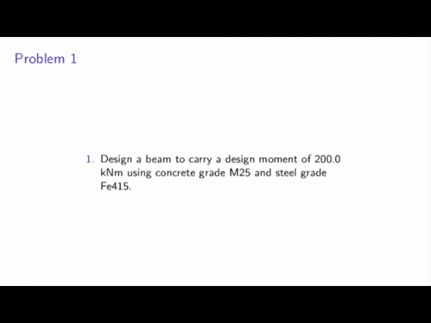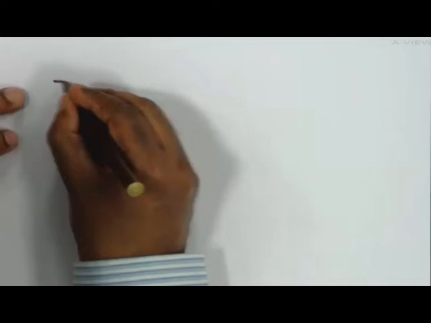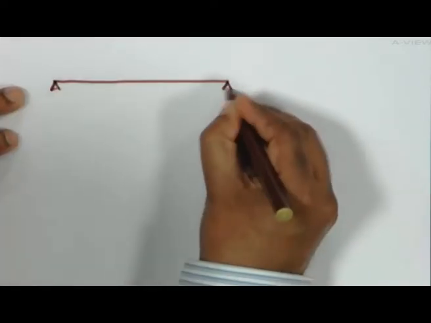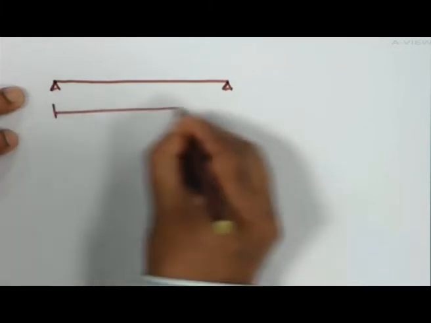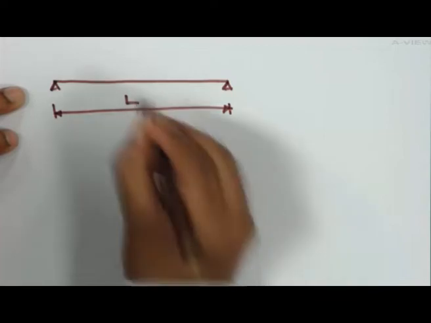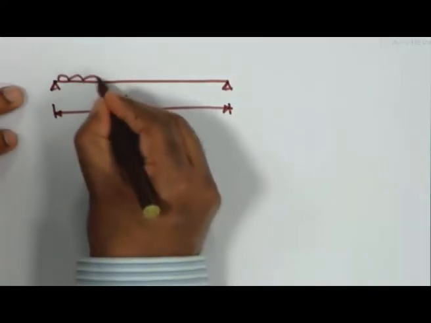If you are interested, you can find out using Table 12 or Table 13. I can give you just one example here: let us consider a simply supported beam having a certain length L, and you have a certain load W.